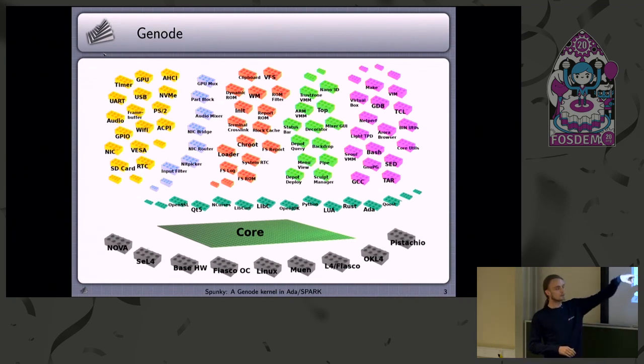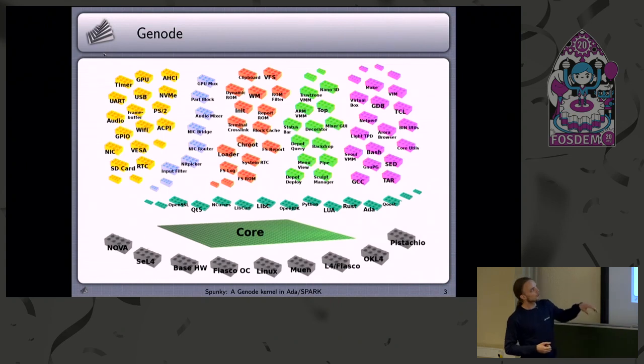Then there are system services like, for instance, init. This is a very special one because it's used very broadly in Genode, as it can dynamically load subsystems. So you can start other applications with it and control and manage them, and also the services between them and the resources.